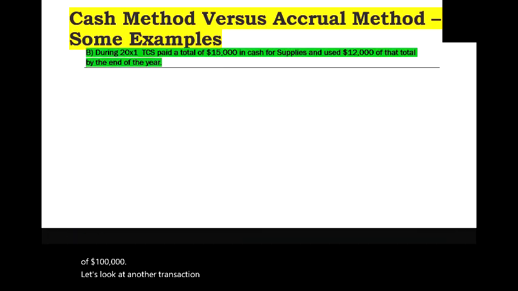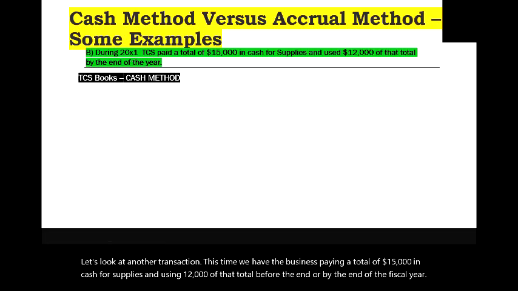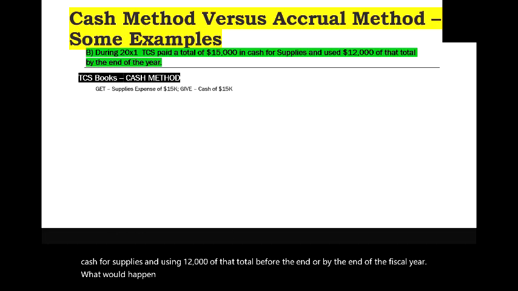This time, we have the business paying a total of $15,000 in cash for supplies and using $12,000 of that total by the end of the fiscal year. What would happen in the cash method?